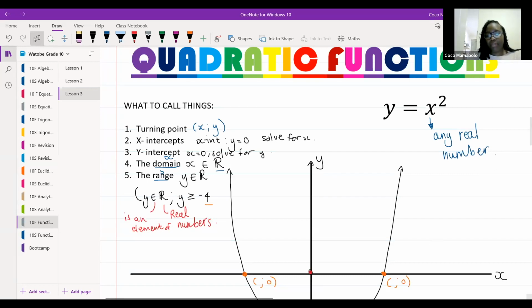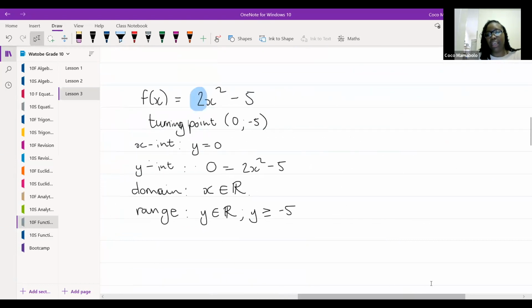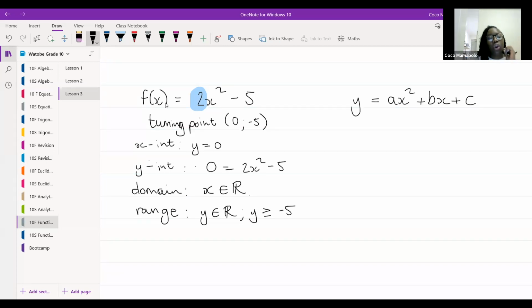So here's the thing. Graphs normally come in the form y is equal to ax squared plus bx plus c. This is the original form of a parabola. This is what you learn in grade 11.